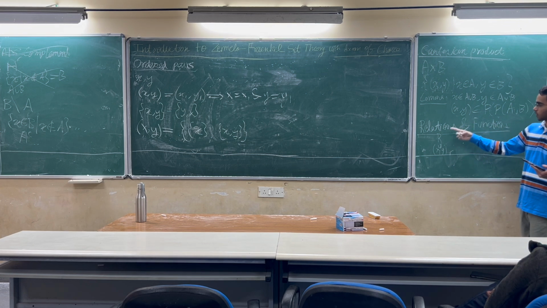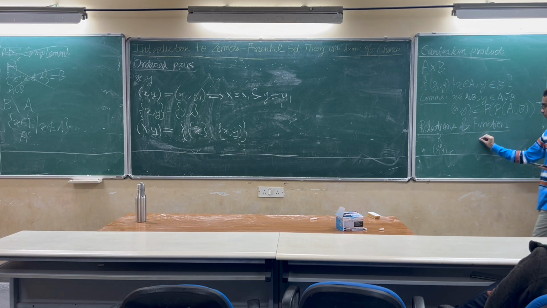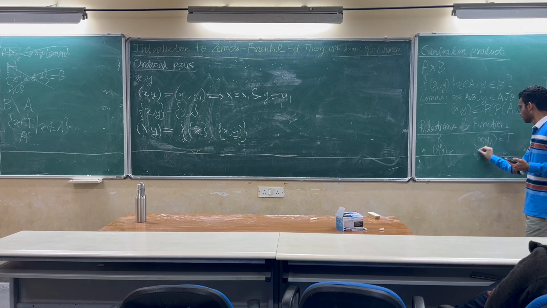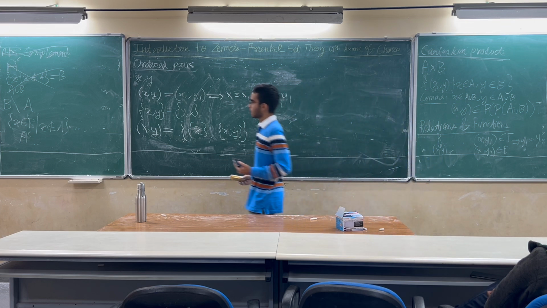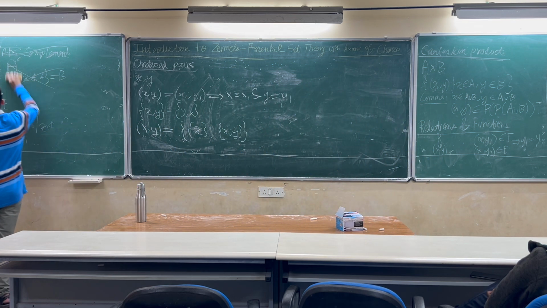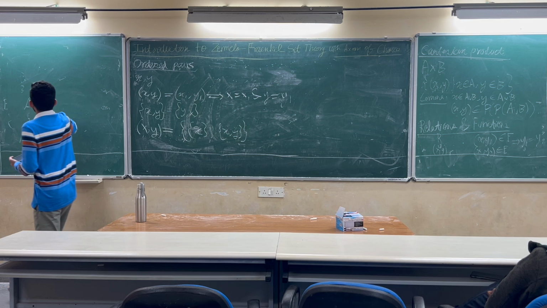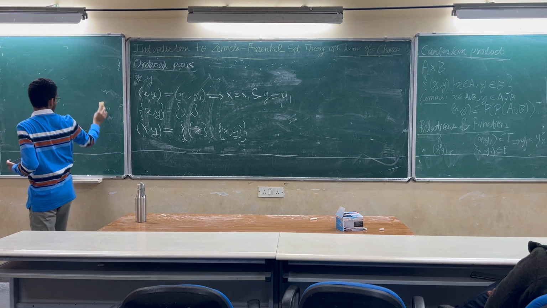Functions are special relations which have a special property: if x is related to two elements, that is, if x comma y1 belongs to f, the function, and x comma y2 also belongs to the function, this must imply y1 is equal to y2. So just a standard notion; the only new thing here was the definition of ordered pairs, and we can again talk about injective functions, surjective functions, bijective functions, and so on.